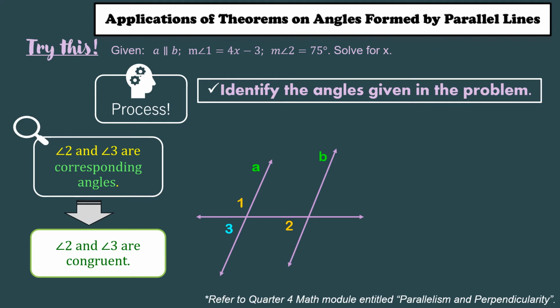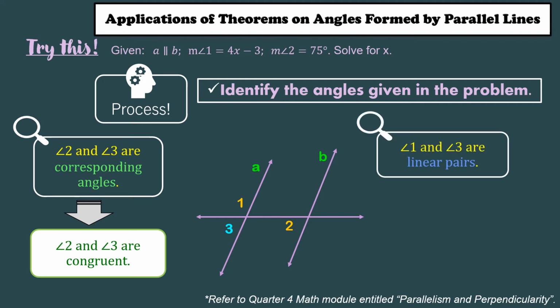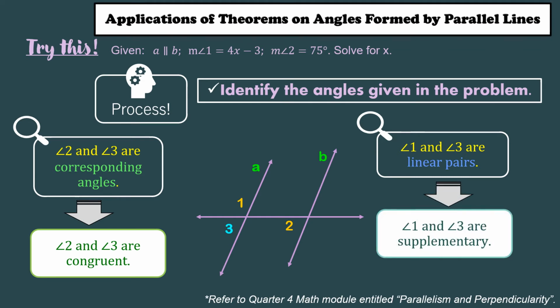From their location on the figure, we see that angles 1 and 3 are linear pairs, or angles that share a common side and vertex, and whose measures add up to 180 degrees. This means that angles 1 and 3 are supplementary to each other, and as mentioned already, their measures add up to 180 degrees.